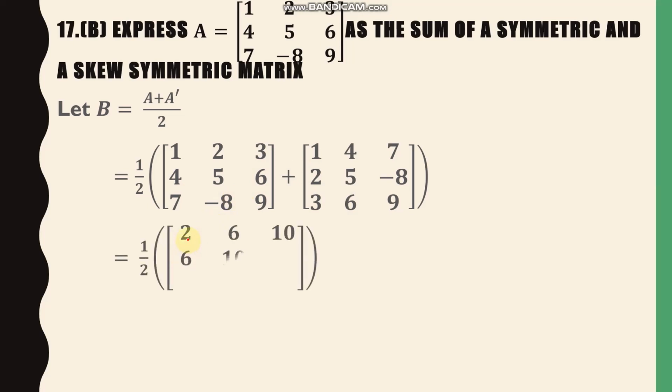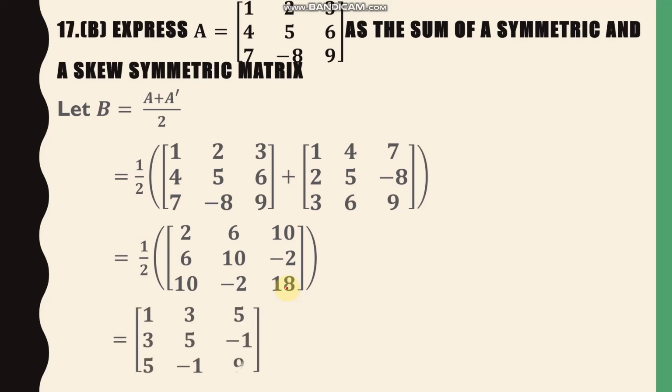So it is equal to 1 plus 1 is 2, 2 plus 4 is 6, 3 plus 7 is 10, 4 plus 2 is 6, 5 plus 5 is 10, 6 minus 8 is minus 2, 7 plus 3 is 10, minus 8 plus 6 is minus 2, and 9 plus 9 is 18. Now divide by 2. When you divide by 2, you will get [1 3 5; 3 5 -1; 5 -1 9]. This is the first step.